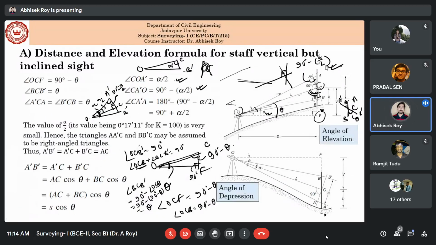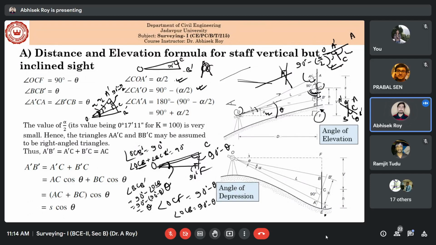Now if that angle is 90 degree minus alpha by 2, then consider CA dashed A, and here on this side O is there.